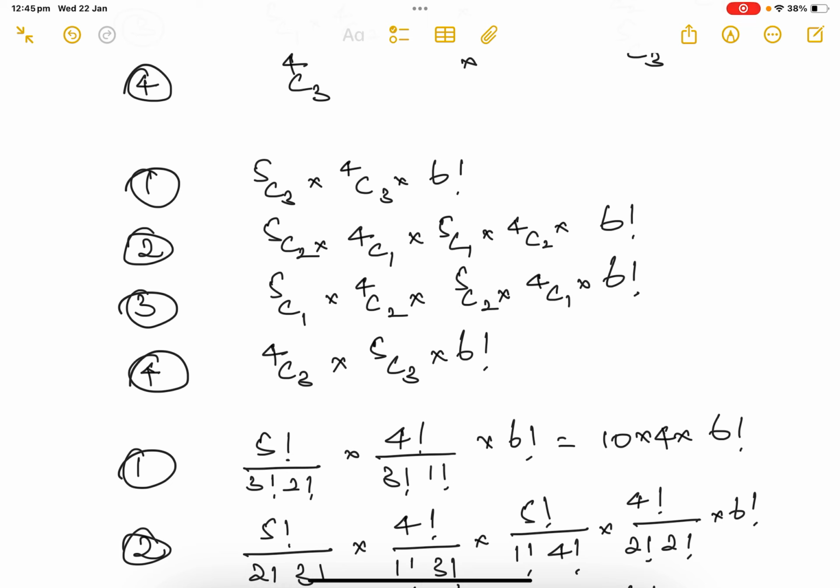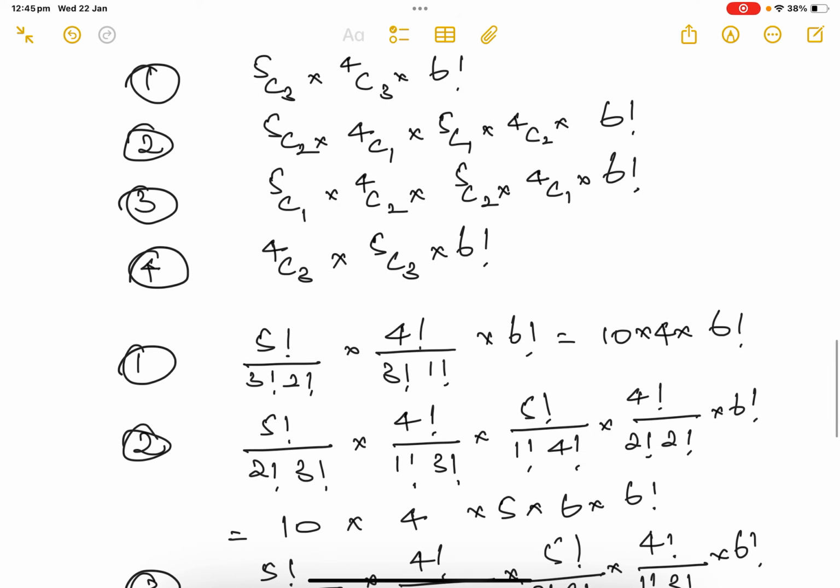And the third type, 1 letter 5C1, 2 digits 4C2, times 2 letters 5C2, times 1 digit 4C1. Again 6 elements, so the permutation is 6 factorial.